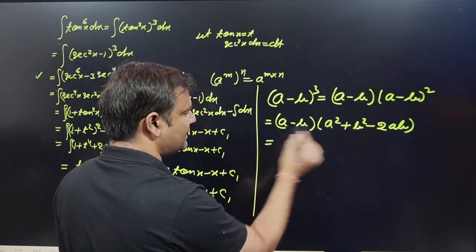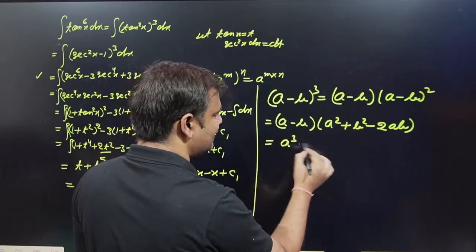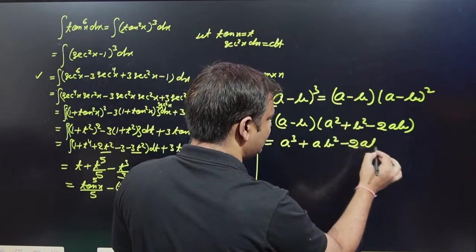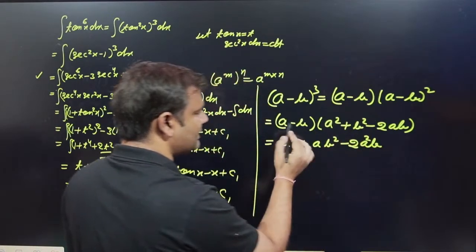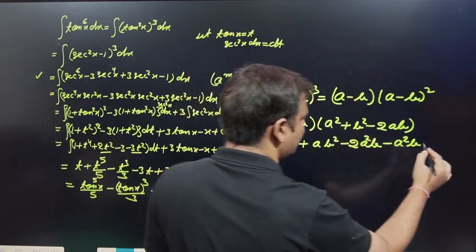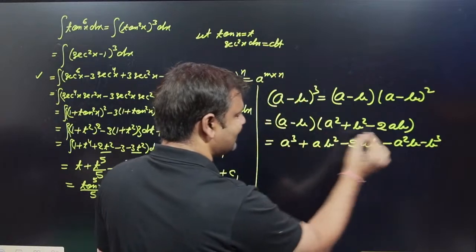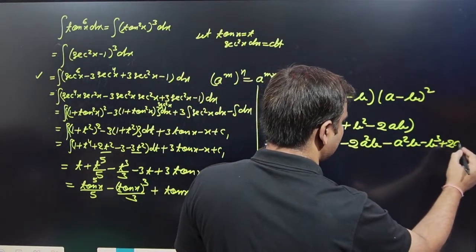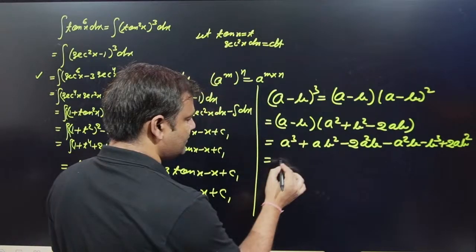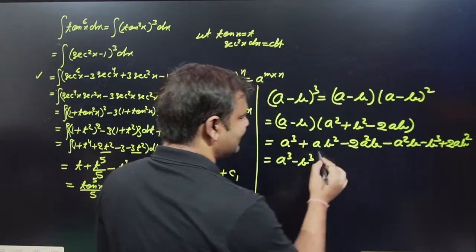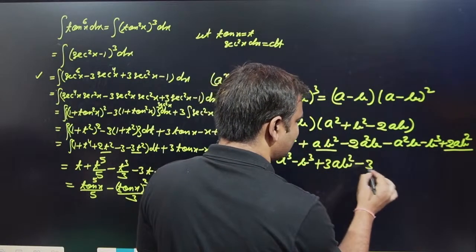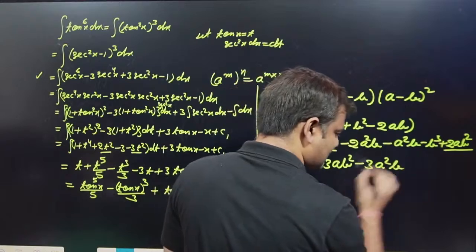If we multiply that, a cube plus a into b square minus 2ab, minus a square b, minus b cube, and plus 2a into b square. So you can say that a cube minus b cube, this one and this one, that is plus 3a into b square, and here minus 3a square b.